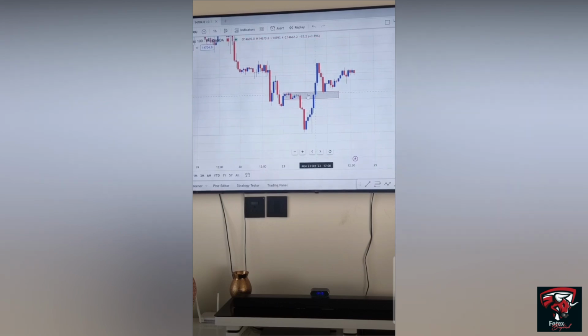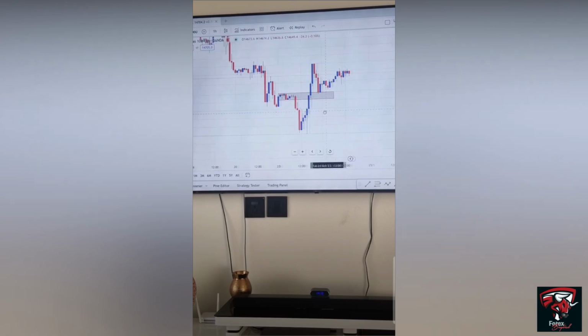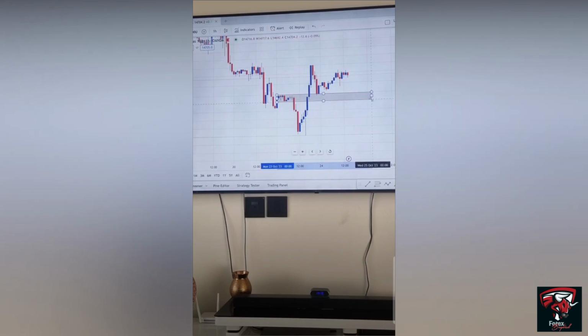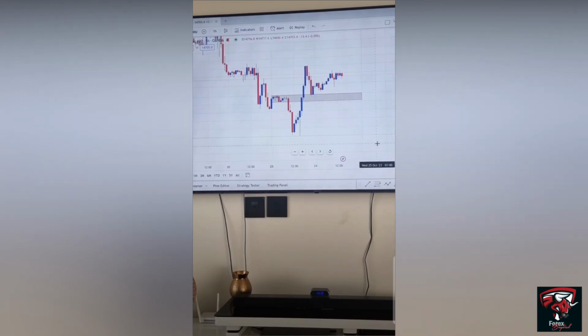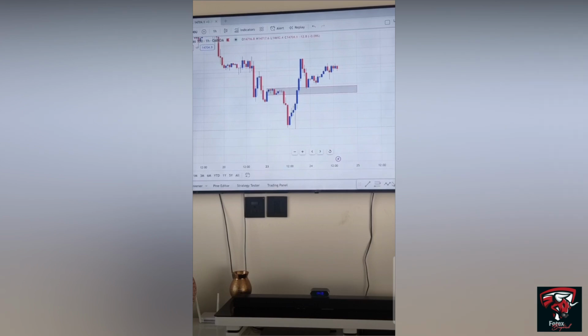So the zone will no longer hold. You need to understand this will no longer hold, and that will be a low to protect. Flip zone, it's used once. It's supply to demand or demand to supply, whichever way it is, and price breaks through, so we look for interest. The zone has been used up.